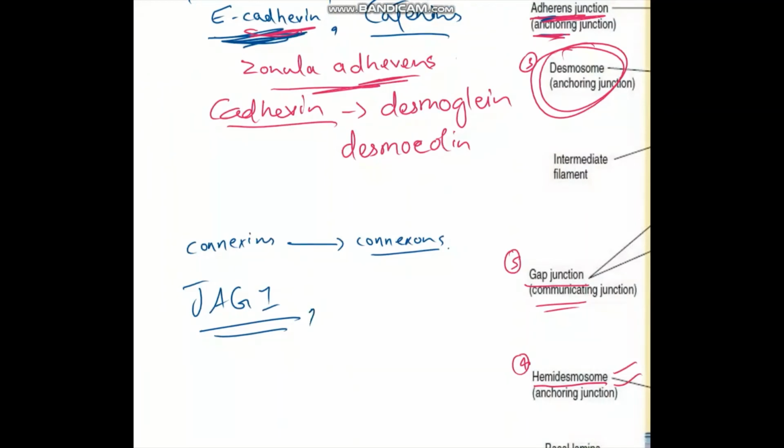Another example would be the heart muscle. So cardiac muscle has intercalated discs. When we study cardiac muscle later on in the series, we will discuss the specifics of what makes a cardiac muscle and how the intercalated discs play their part.